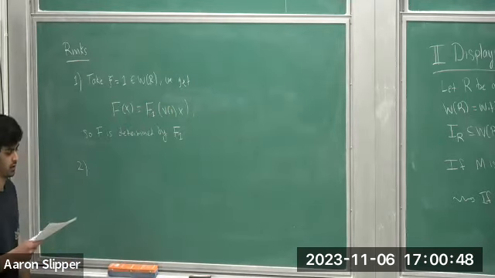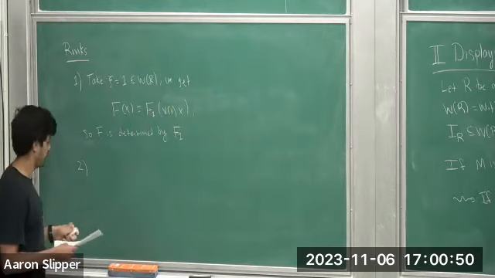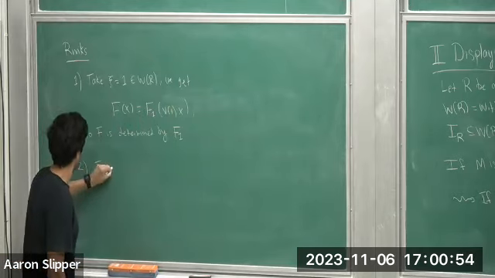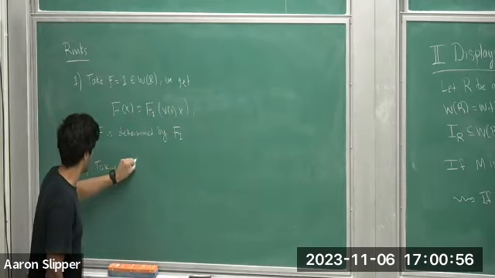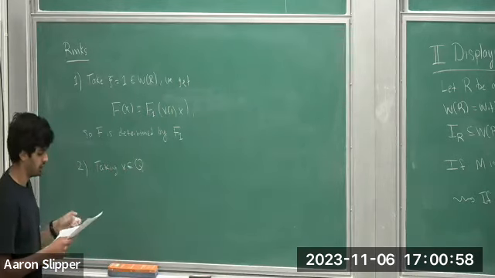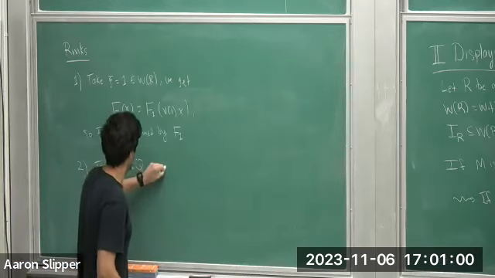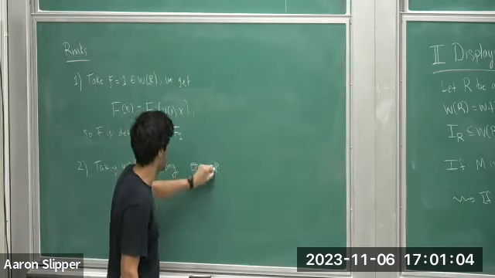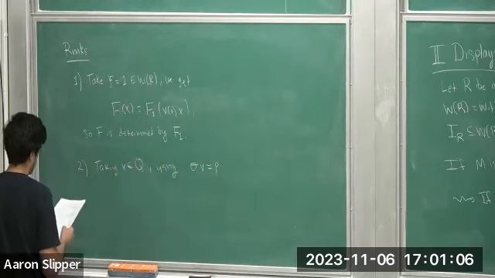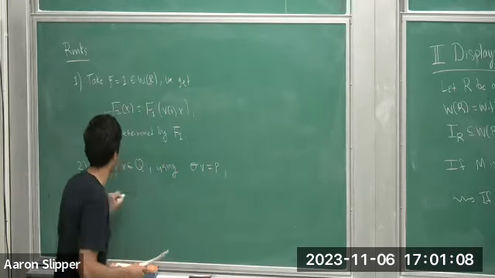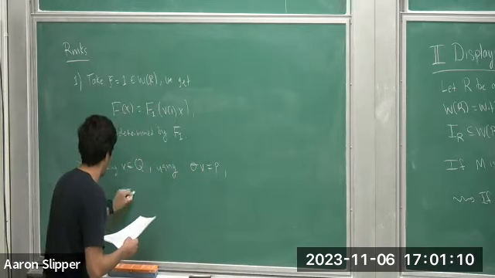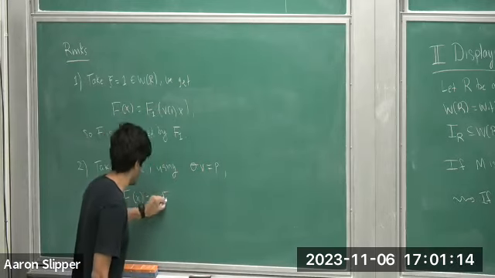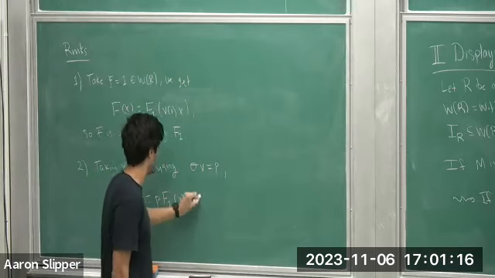And the second thing is that if we take x in Q, then using that sigma v equals p on the Witt vectors, we find that f of x equals p f1 of x for all x.